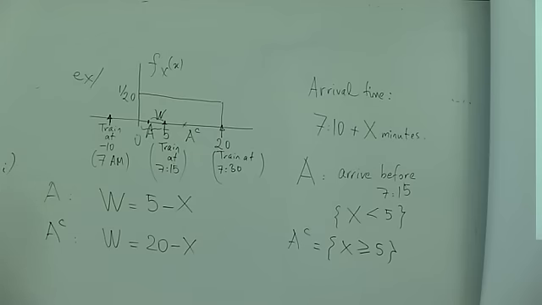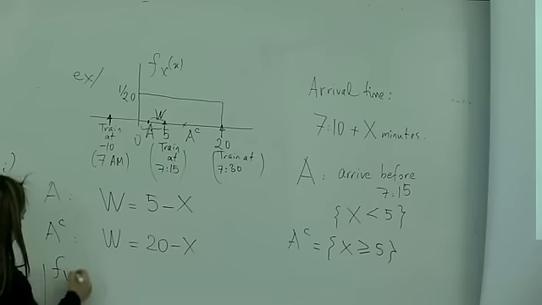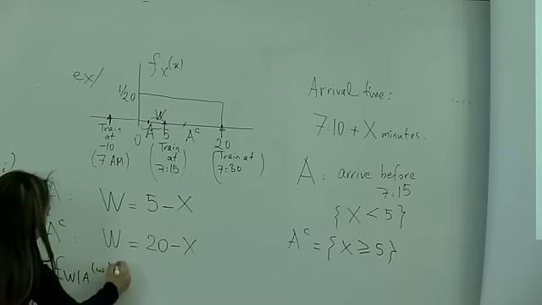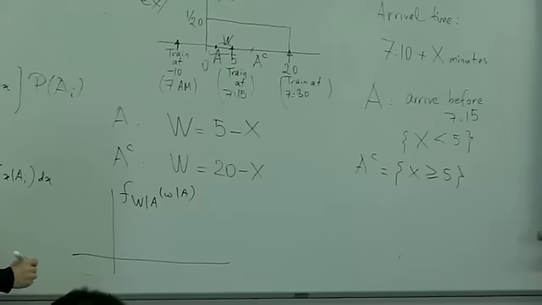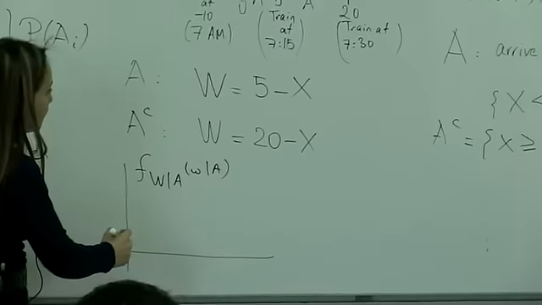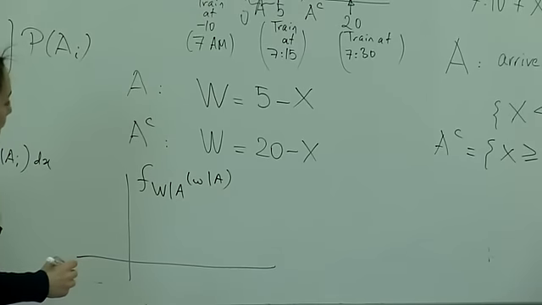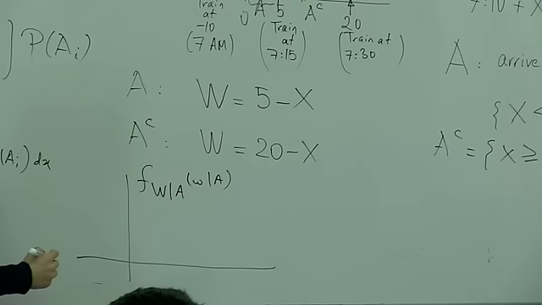Let's compute the conditional PDF of my waiting time under these two conditions, A and A complement. So we need f W given A. My waiting time is 5 minus X. What do you think?